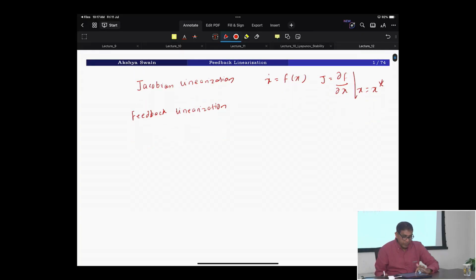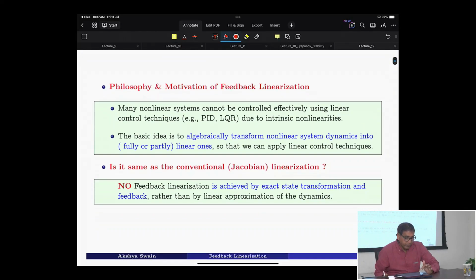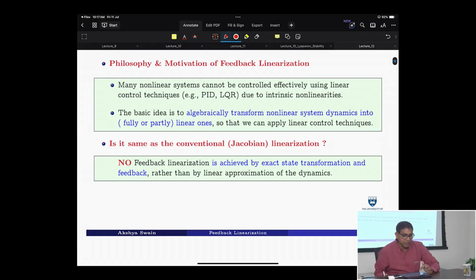I'm giving the example first. Many nonlinear systems cannot be controlled effectively using linear control techniques, PID, LQR, due to intrinsic nonlinearity. The basic idea is to algebraically transform the system into a linear one and apply linear control techniques. Is it the same as conventional linearization? No. Feedback linearization is achieved by exact state transformation and feedback and complete cancellation.